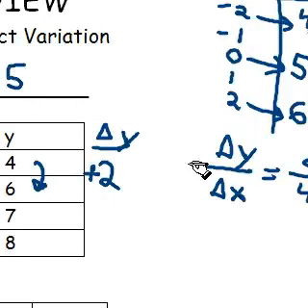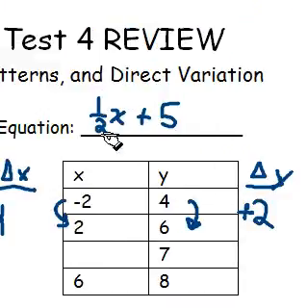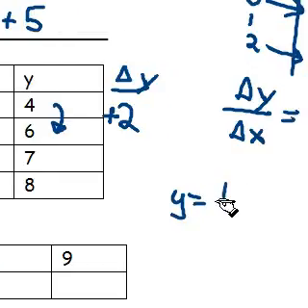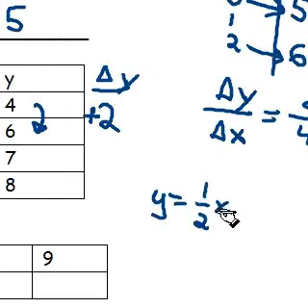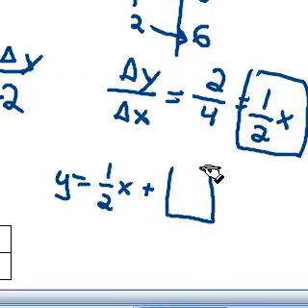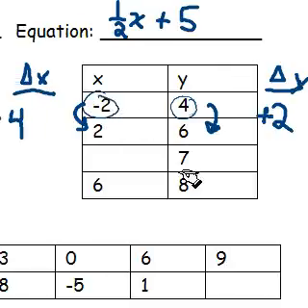Another way that you could have looked at it was we found our rate. So we know that y equaled our rate, 1/2 x, plus some number, which was our constant. And we don't know what that number was, but we do know that at one point, y equals 4 when x equals negative 2.